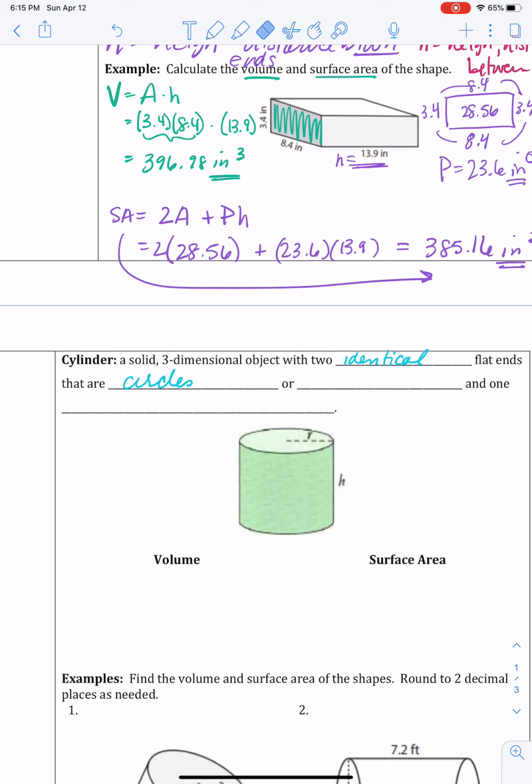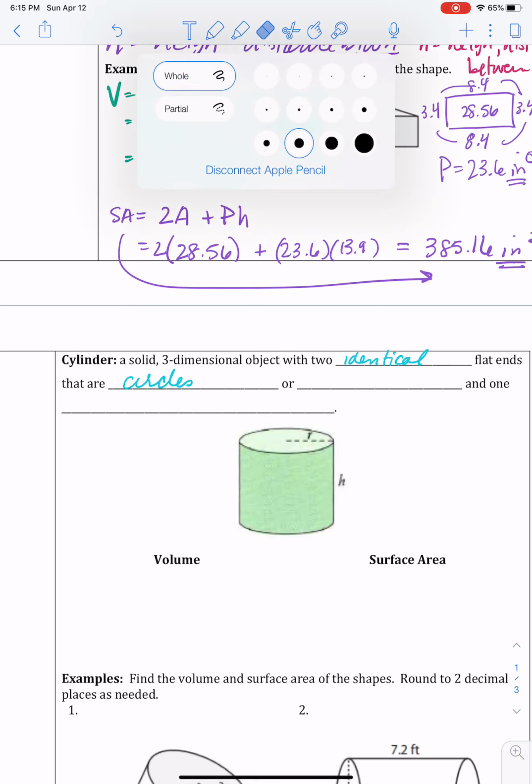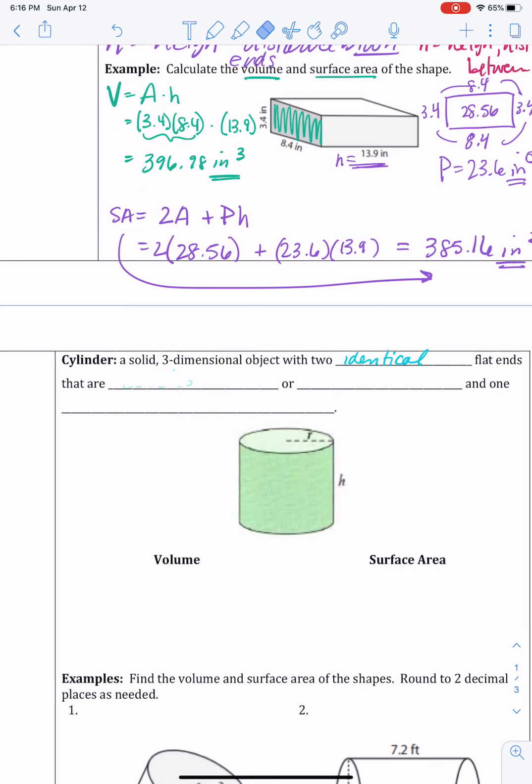I'm going to say circular instead of circles. Ellipse just means oval in shape. And they have one curved side.